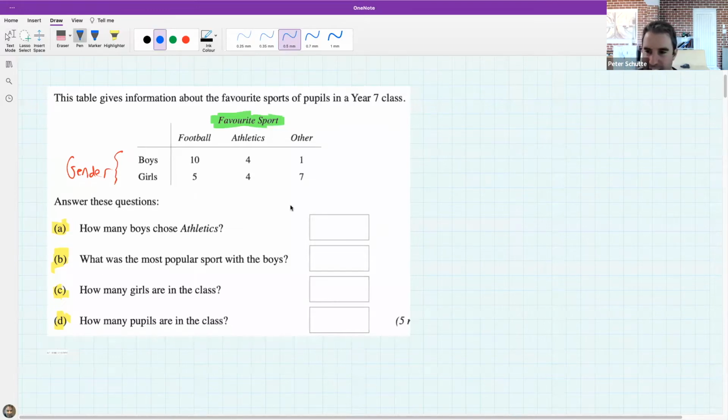How many boys chose athletics? So it feels to me boys athletics is going to be 4, because that's going to be that amount there.